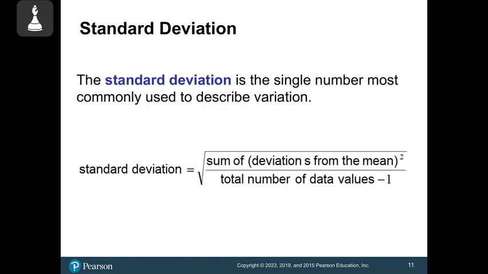We will never do that formula. I will talk you through how all the steps would go on the next slide, but you'll see why we don't ever do this by hand. This value, like range, if it is larger, means the values are more variable, they're more spread apart. If it is smaller, it means the values are closer together.